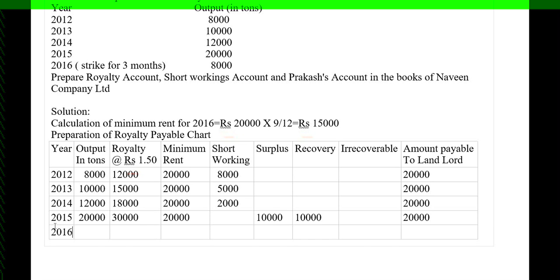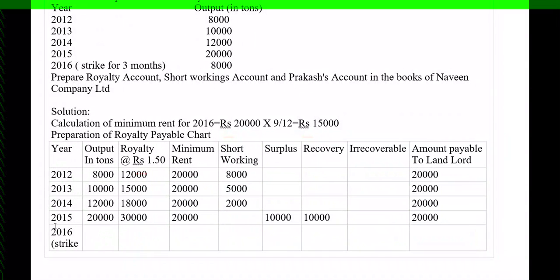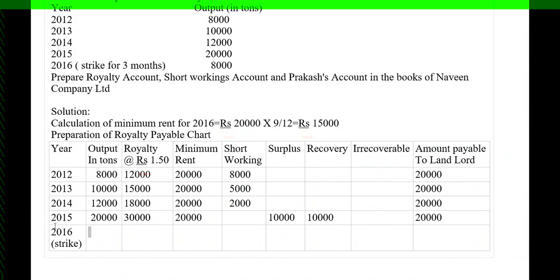So 2016. In the bracket let me write strike. Here the output is given as 8,000. So the royalty payable will be 8,000 into 1.5, that comes to 12,000 rupees. 20,000 is the minimum rent agreed, but now we need to reduce the minimum rent, which we have calculated as 15,000.